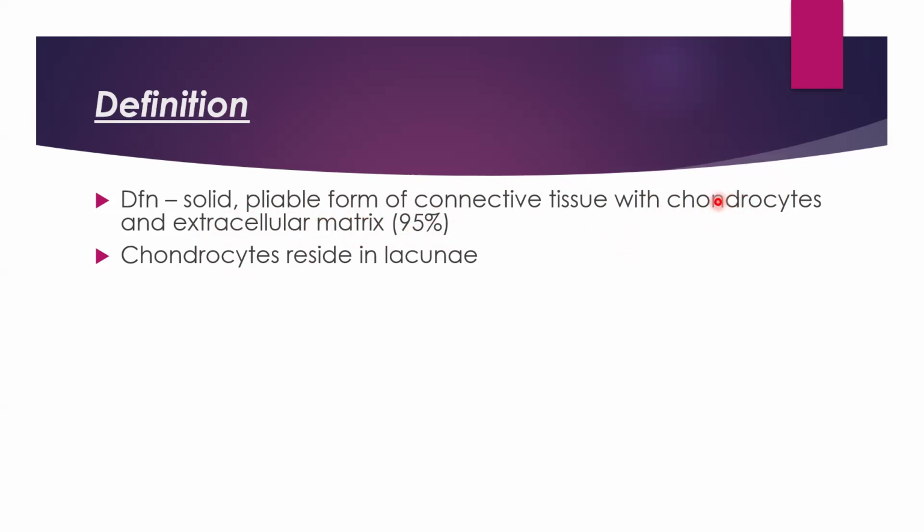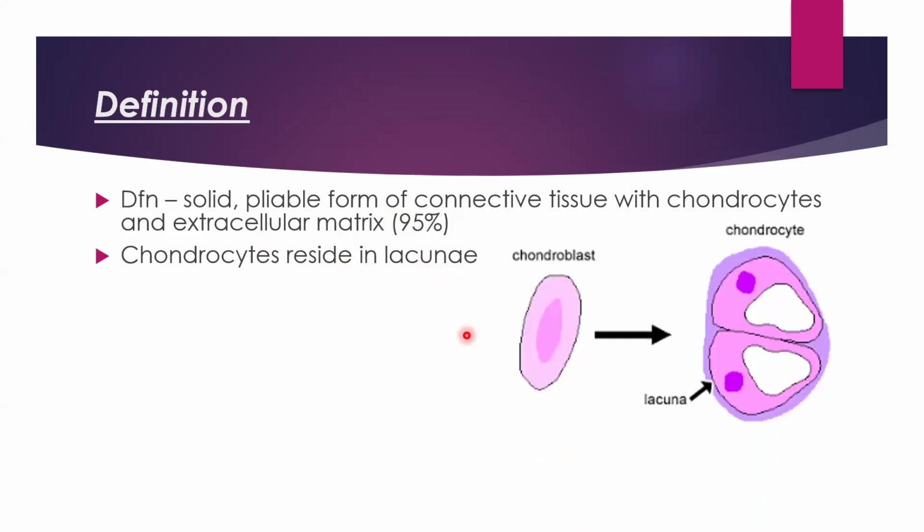So the major cell types that we find in these cartilages will be chondrocytes. And then you'll also find extracellular matrix, which forms 95% of these cartilages. These cells will be located in lacunae, and you can see a sample of cells in lacunae. For example, you can appreciate these cells here are found in the lacunae.